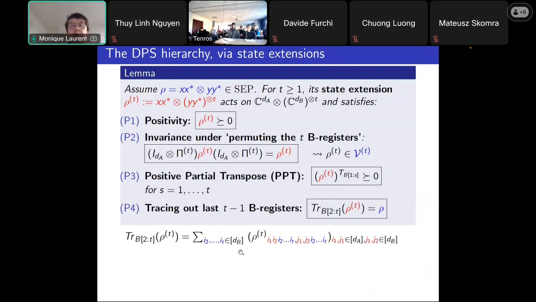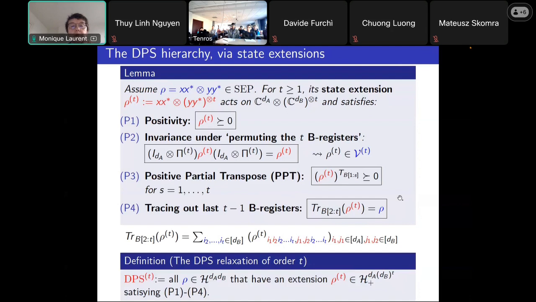And the suitably labeled blocks, here is the exact definition. And why we get back rho is because the vector y has norm 1. So this is why we get back the state rho. So now the DPS relaxation of order t consists of all the rho which have a state extension rho t satisfying these 4 properties.